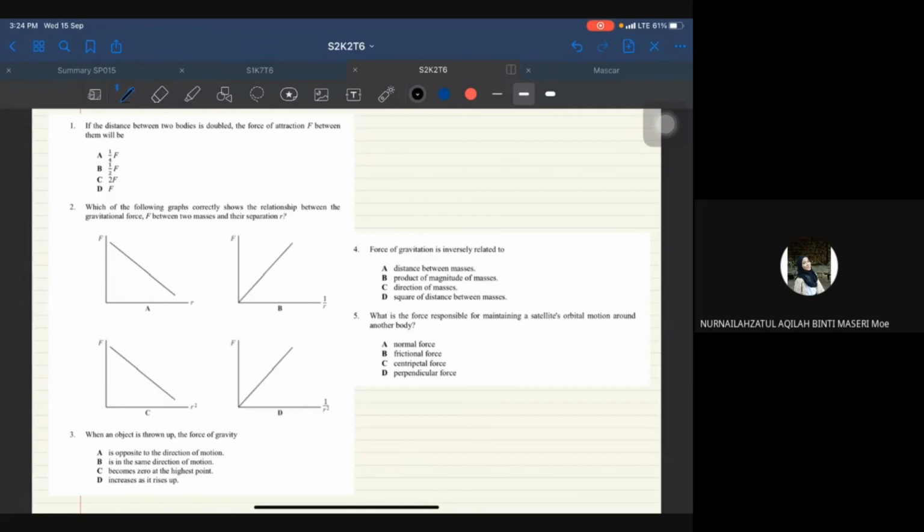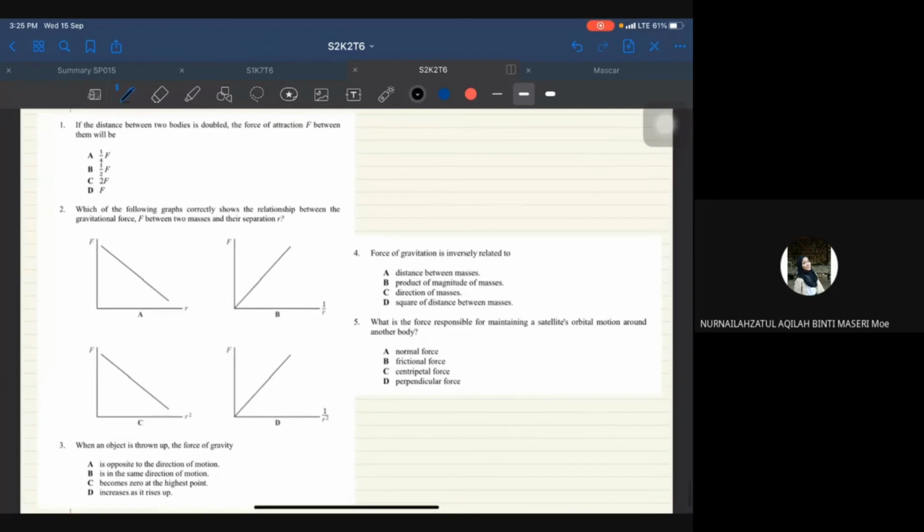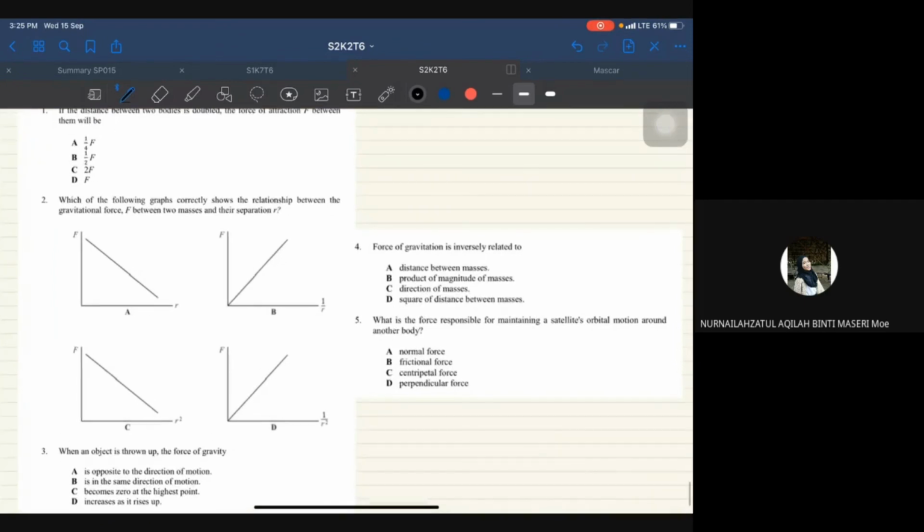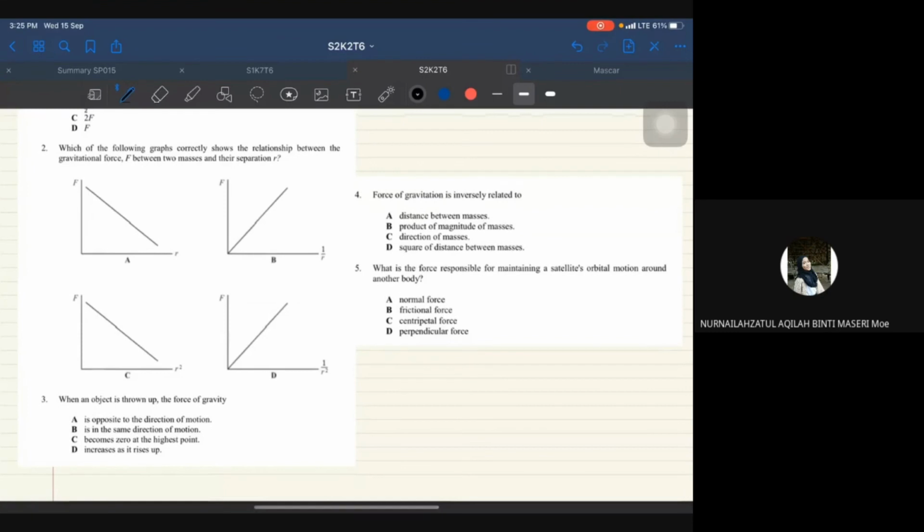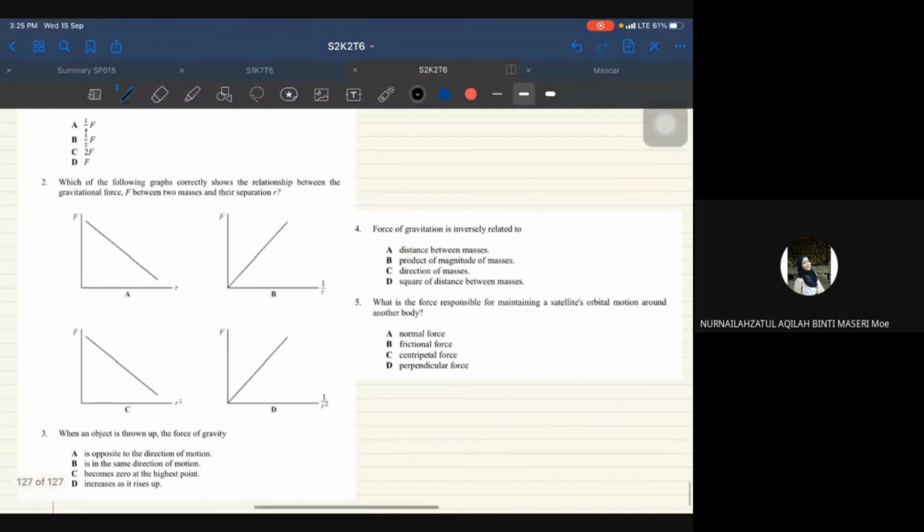For now, objective. Question number 1 ni saya skip dulu, because saya nak tunjuk kamu properly. And question number 2, which of the following graph correctly shows the relation between the gravitational force F between the two masses and their separation R? So kalau according to Newton's law of gravity, F is equal to G mass over R square.